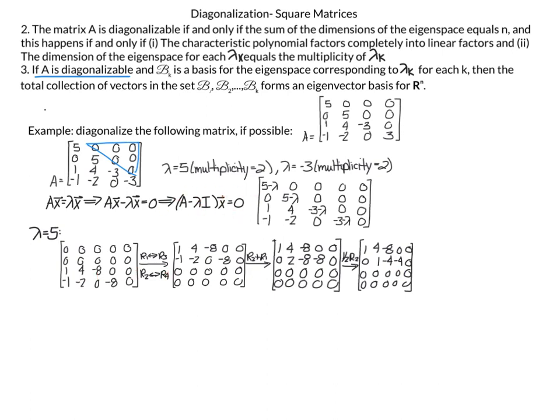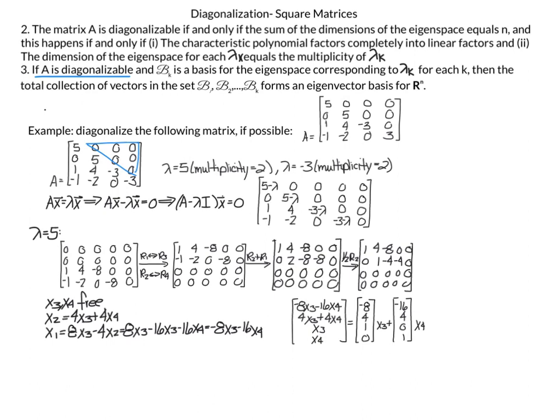I row reduce, and I find that x3 and x4 are free. x2 is equal to 4x3 plus 4x4, and x1 is equal to minus 8x3 minus 16x4. So this is the general form of my solution for the homogeneous equation (A minus lambda I)x equals 0.